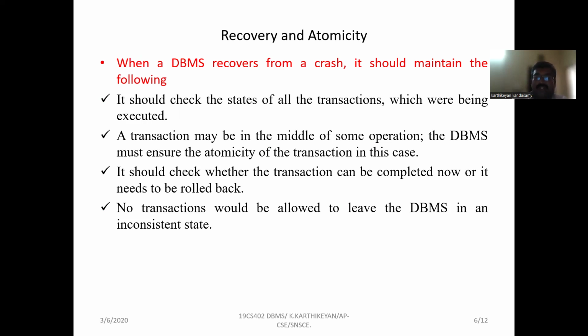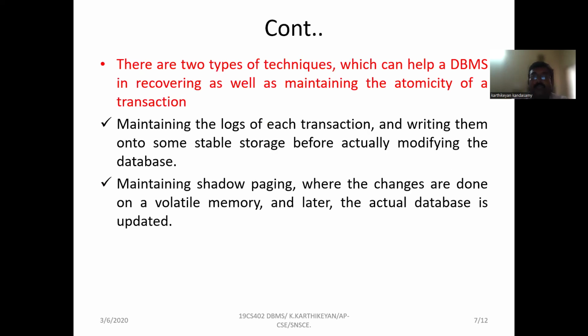It should be checked whether the transaction can be completed now or needs to be rolled back. No transaction will be allowed to leave the DBMS in an inconsistent state. There are two techniques that can help the DBMS recover while maintaining atomicity of transactions.